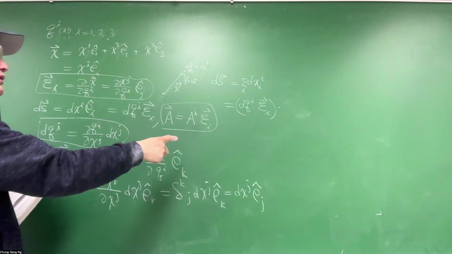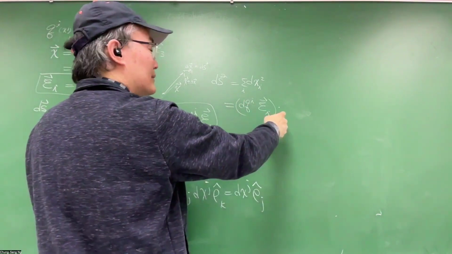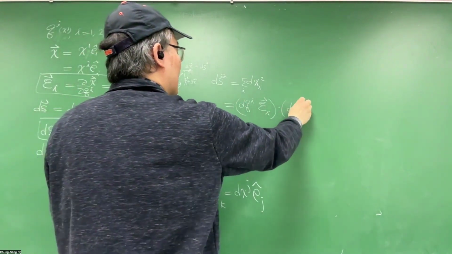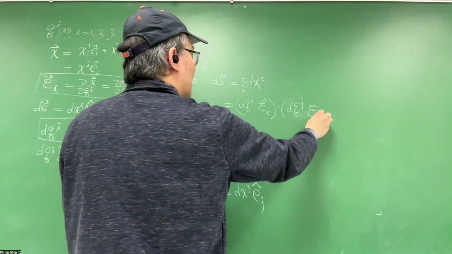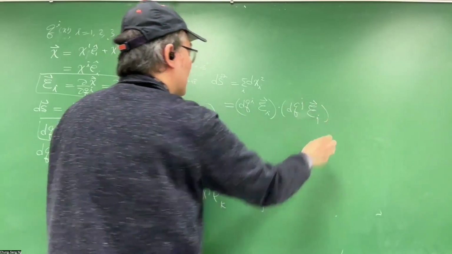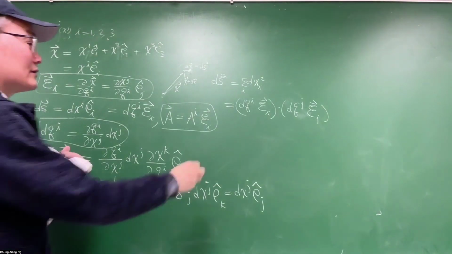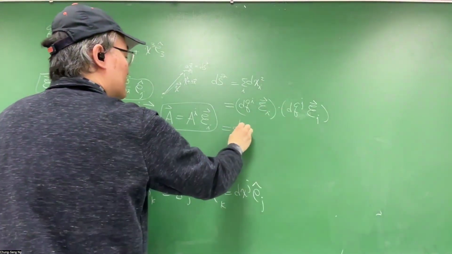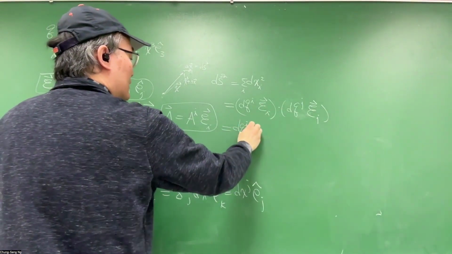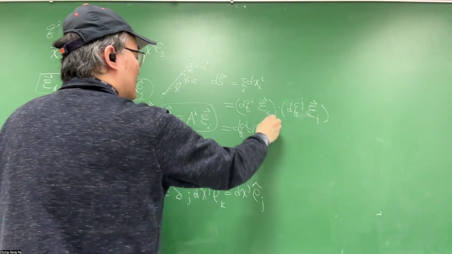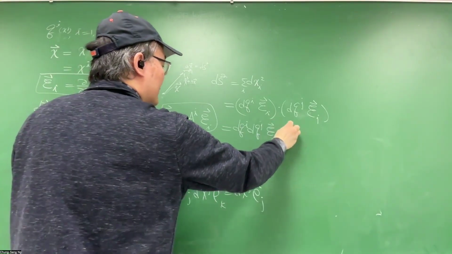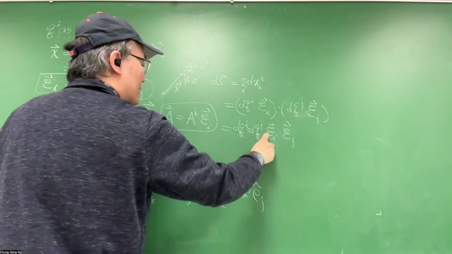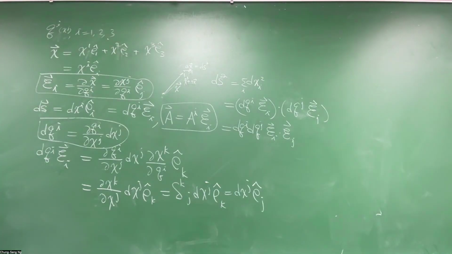But when you dot it into itself, we cannot use the same i, so we use another index, dq_j, summed. Then take out all these coordinate differentials, and what is left is this object, which we don't know yet.